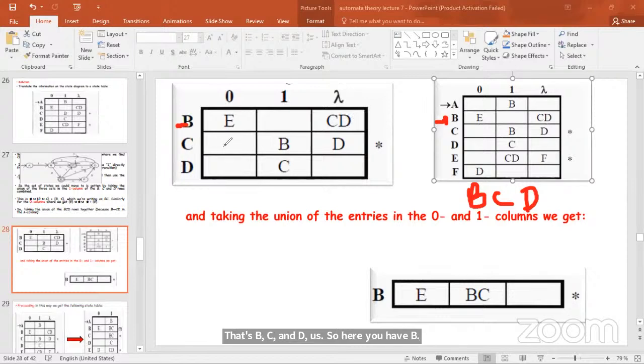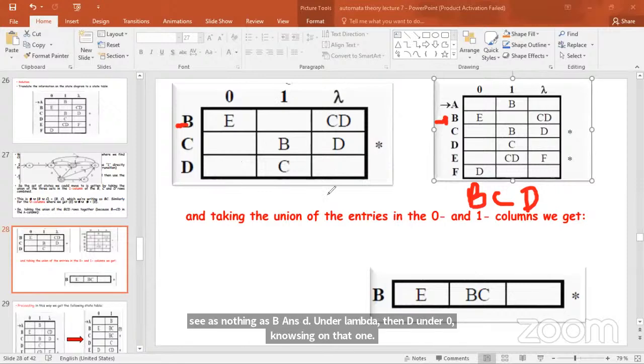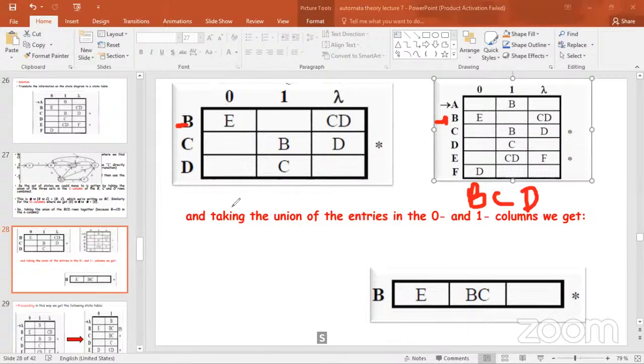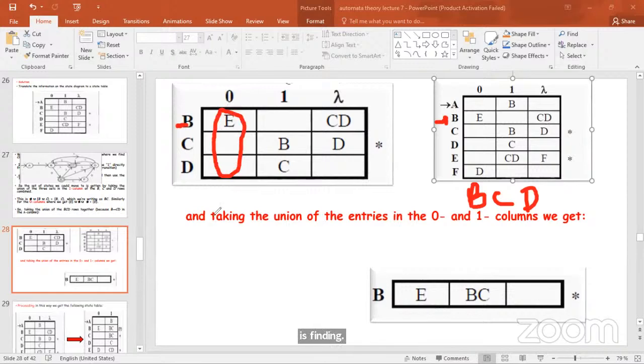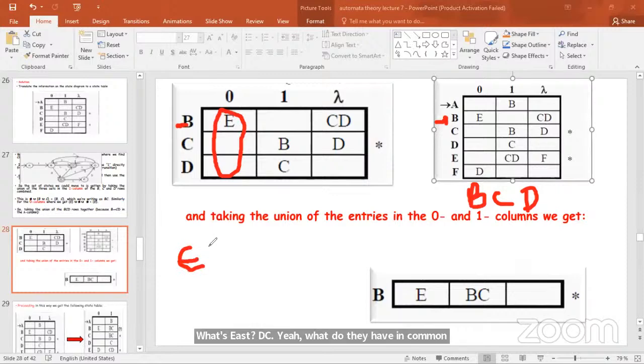Then C has nothing, has B, and has D under lambda. Then D under 0, nothing, under 1, C, and under lambda, nothing. So when you want to find a union, you know what union is? Union is finding what is the same here. What do they have in common? So here they have what? E.